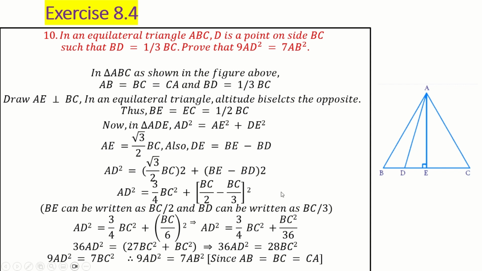If you simplify further, what you will get is 36 AD square equals 28 BC square, or 9 AD square equals 7 BC square. This is what we are required to prove. Next.